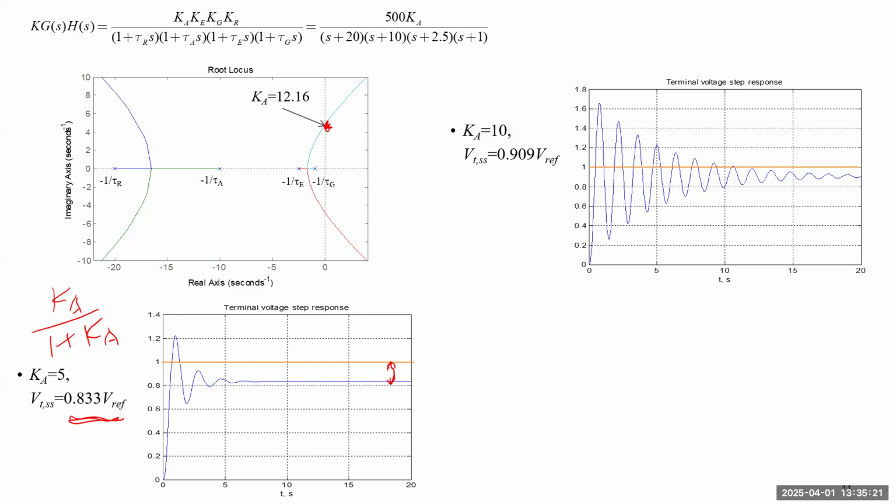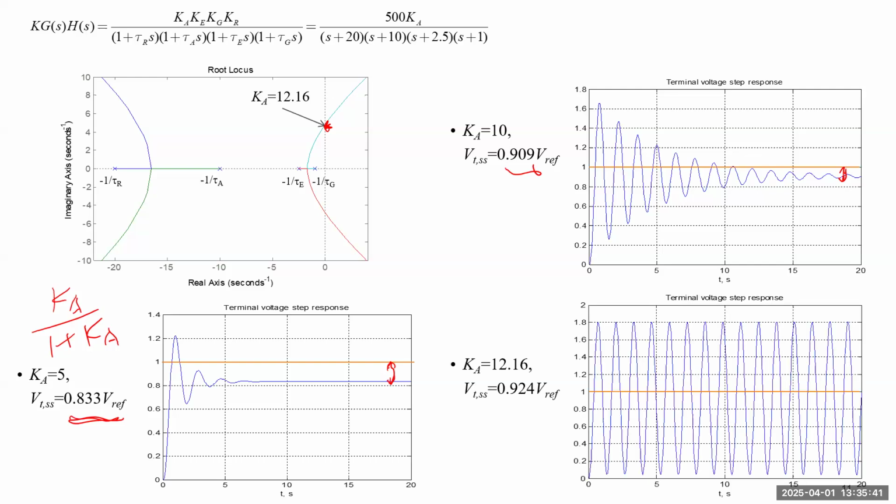If you increase to 10, it's still lower than the limit. You see it has a lot of oscillation. And the gap now is about 0.1. It still has around 10% of a gap. So that's also not acceptable for most transmission power systems. If you really increase this gain to the limit, you will have equal amplitude oscillation.